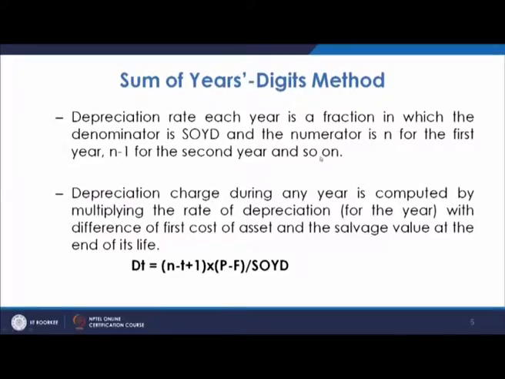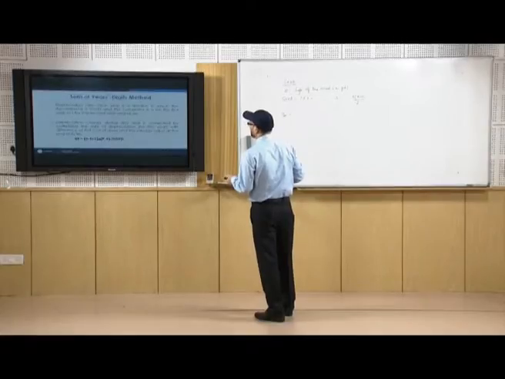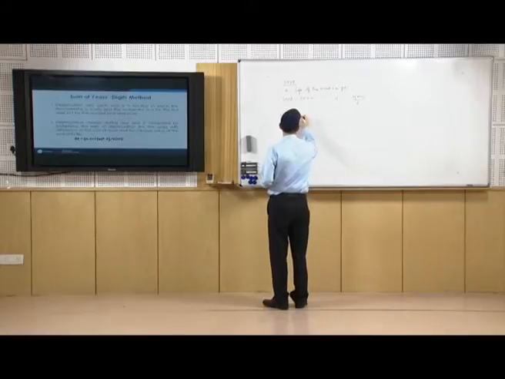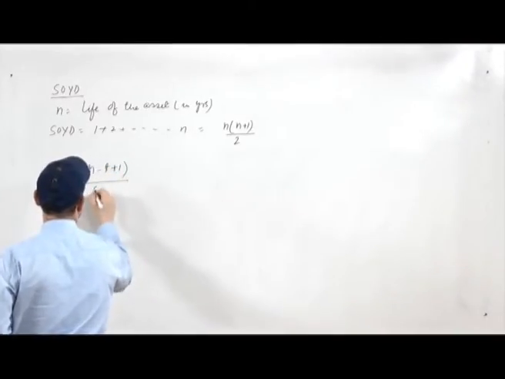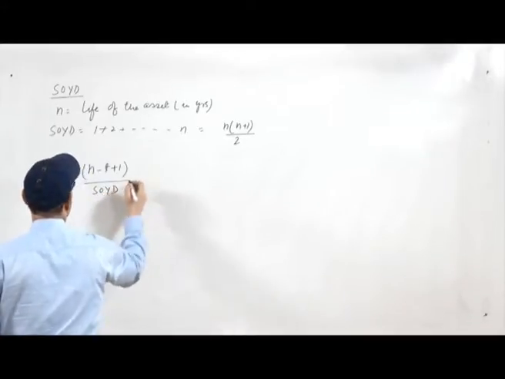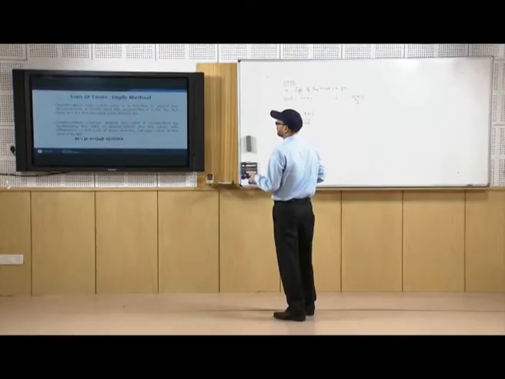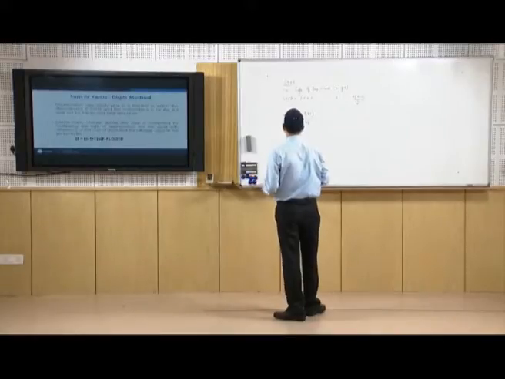So, basically what we see is dt is given as n minus t plus 1 by SOYD into present cost minus final salvage value.